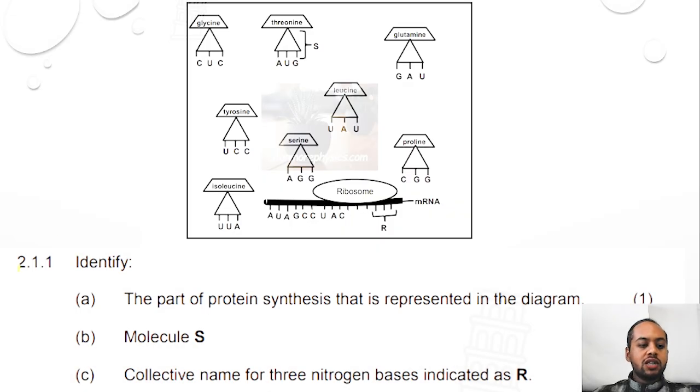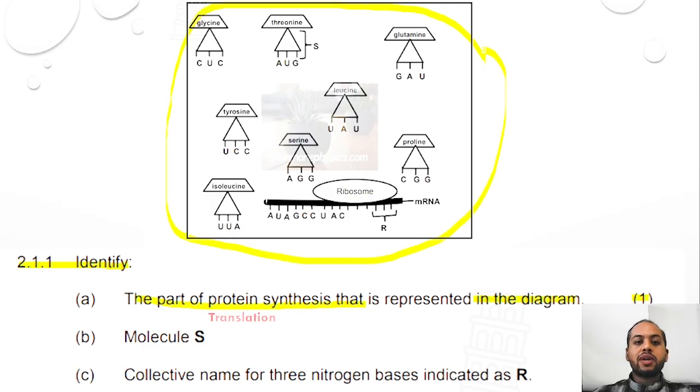The first question here, 2.1.1, says identify firstly the part of protein synthesis that is represented in the diagram for 1 mark. We just said the part of protein synthesis is going to be translation. Molecule S. So if we have a look at this entire diagram here, we can see molecule S. What is this molecule?